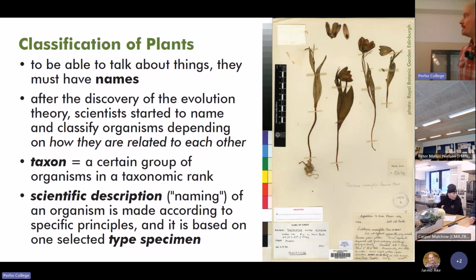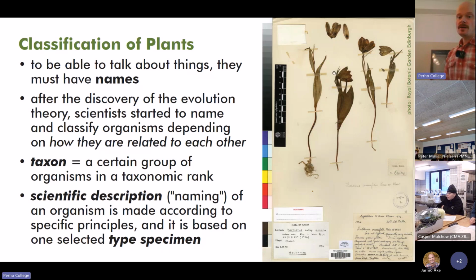The process of scientific description or naming of an organism is made according to specific principles. And the main principle is that it must be bound to one selected specimen, the so-called type specimen.